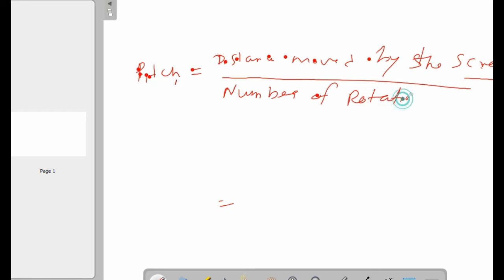Distance moved by the screw, suppose you have to move 3 millimeter, and the number of rotations you have to make in order to move 3 millimeter is 6 rotations. So which comes to 1 by 2, that is 0.5 millimeter. So the pitch is 0.5 millimeter.